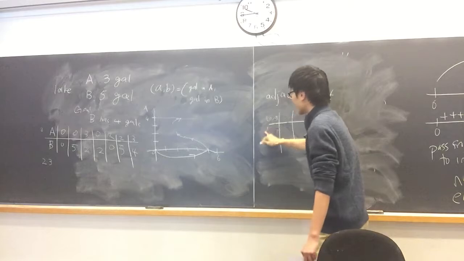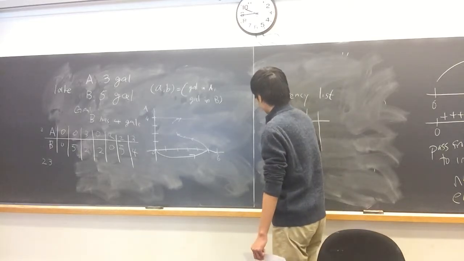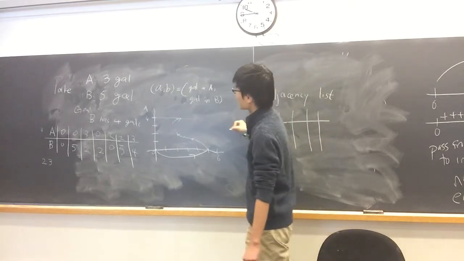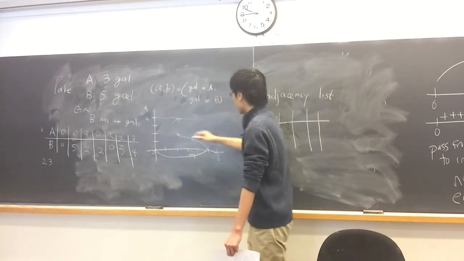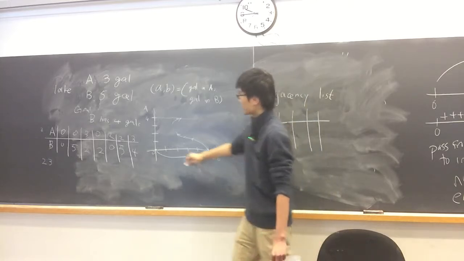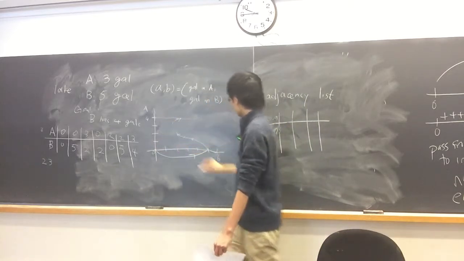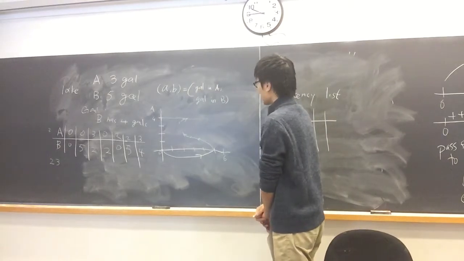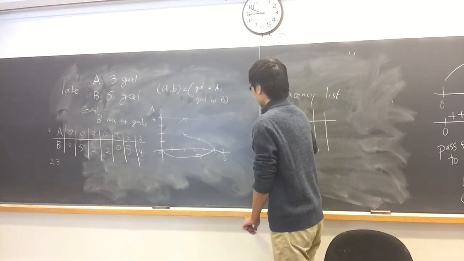Wait, 0, 4 or 0, 5? 0, 5, yeah. Okay. So 0, 5 can be here, or you can do 5, 0. Oh wait, so I thought the second component was... A is the first component, B is the second component.